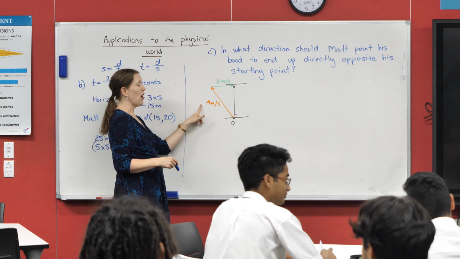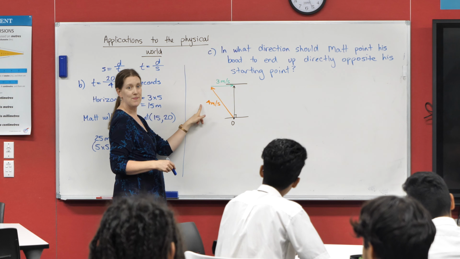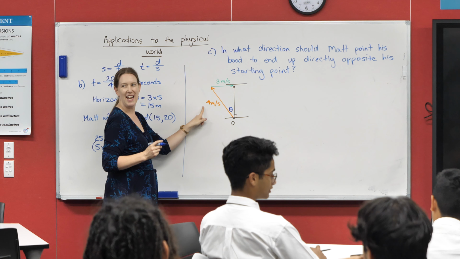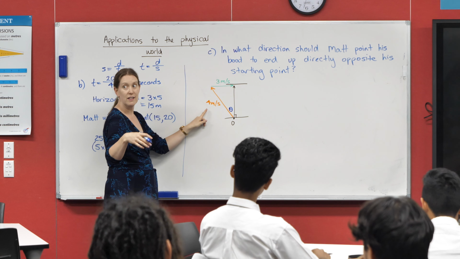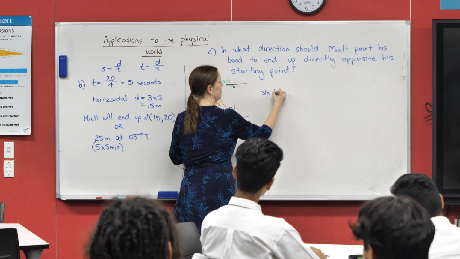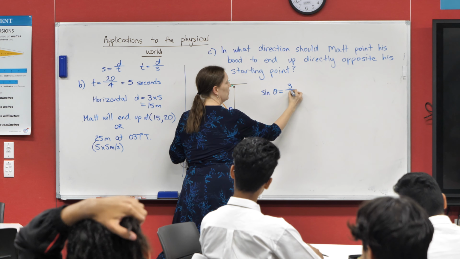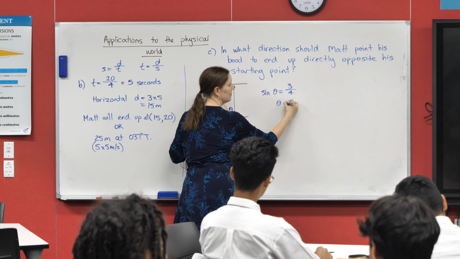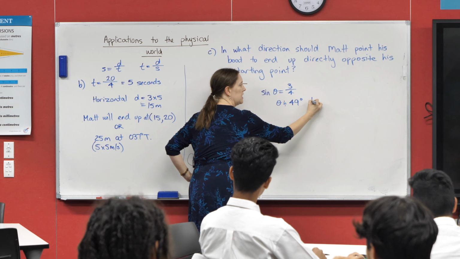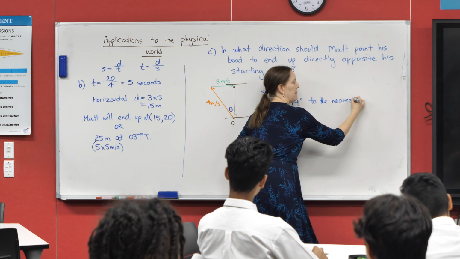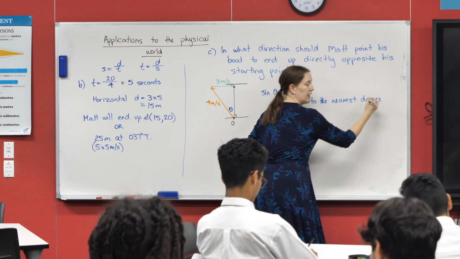Which angle am I trying to find? Good, nice, Aditya. We're trying to find this angle. How do we find it? Sine. What's my answer? 49. Let's say 49 degrees to the nearest degree. And what's that as a bearing, just so that we practice our bearings?